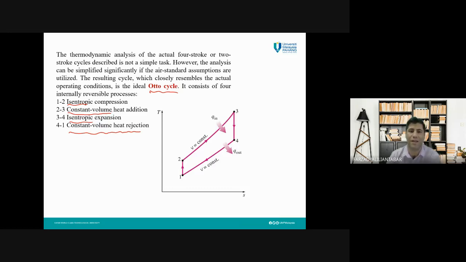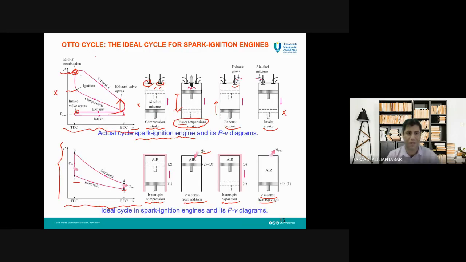This cycle is actually created based on the assumptions which we have. And as I said, it is hard to analyze this system thermodynamically, the actual cycle. So we can use the air standard assumption for this cycle. Then the resulting cycle is the Otto cycle. And please notice, the Otto cycle is still more or less similar to the actual cycle.